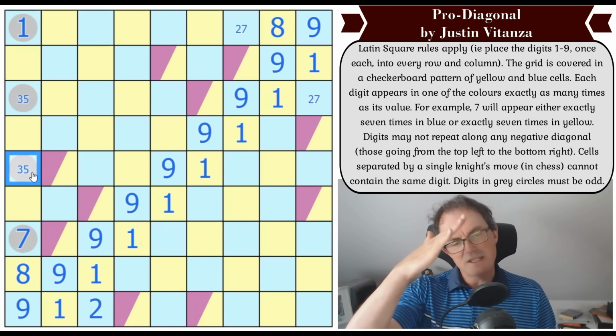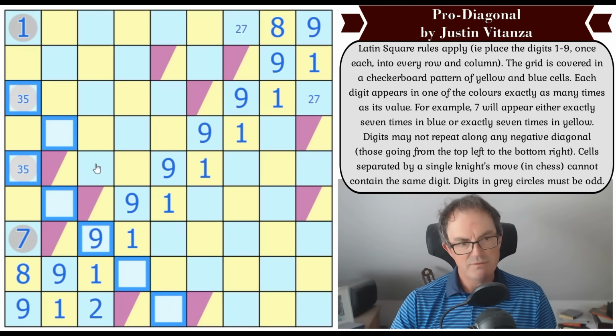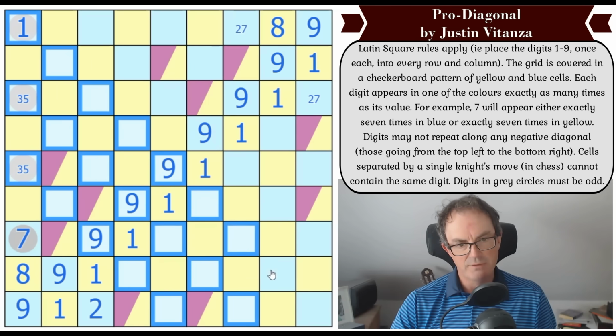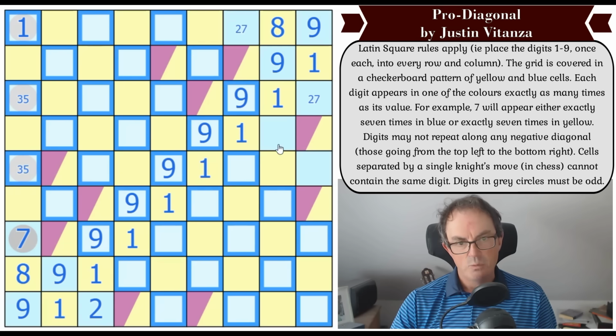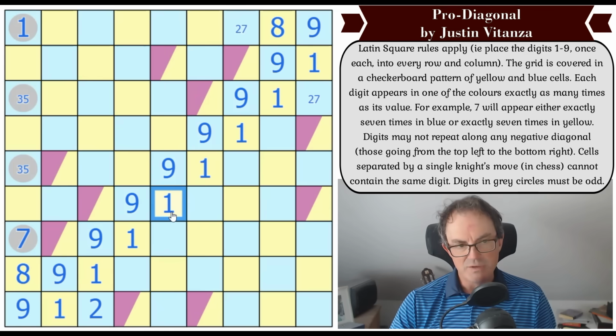And the way I can see that is that if we look at these diagonals, because this one's full up now, we've effectively got 5 spare blue diagonals left to use. Now, we know that 5 is correctly counted by blue, so each of these blue diagonals must have a 5 on it.